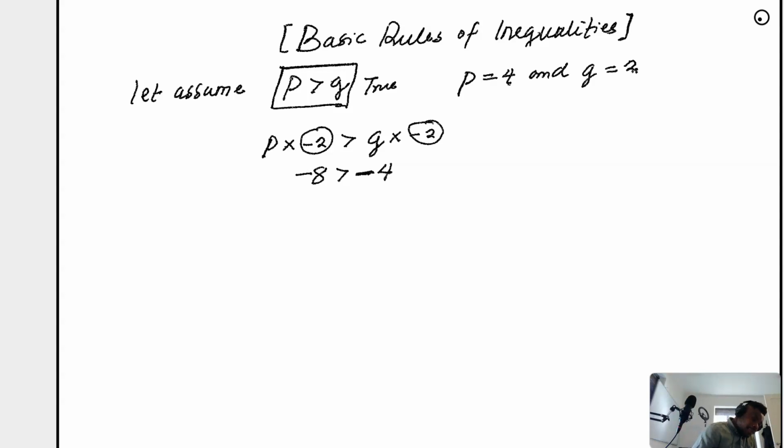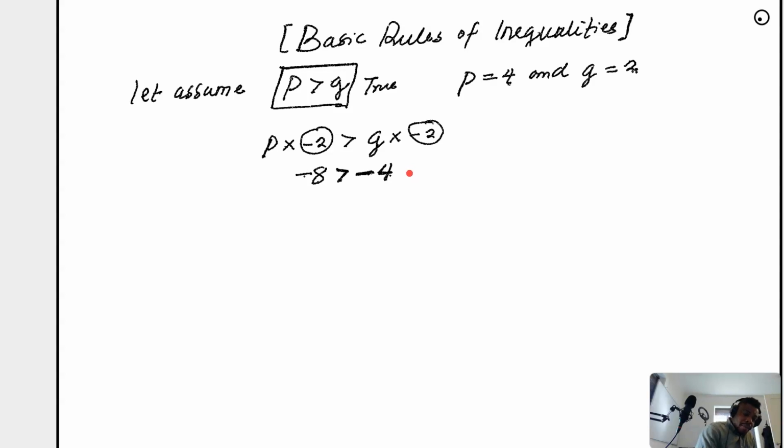So in this case, you can see minus 8 is not greater than minus 4, because minus 4 is greater than minus 8. So this statement is false.